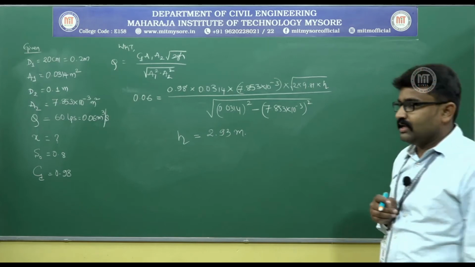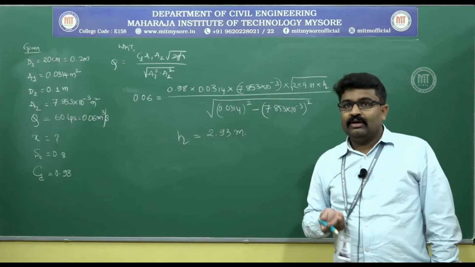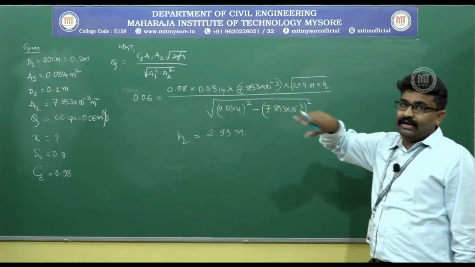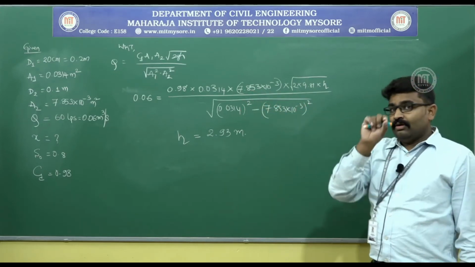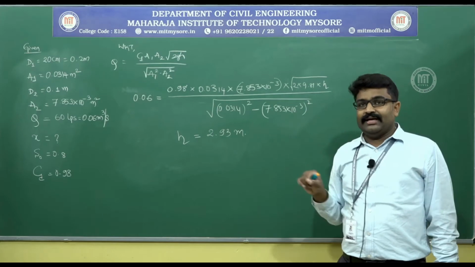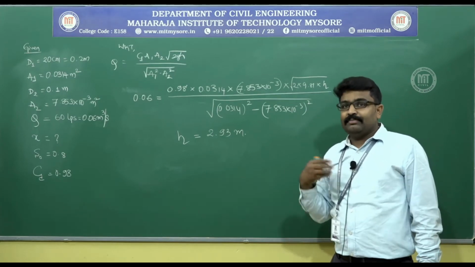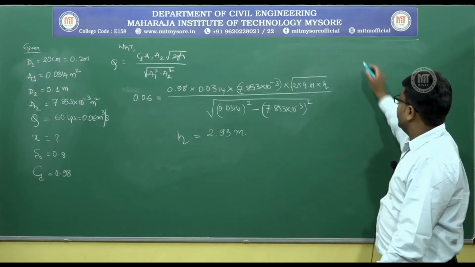Without finding out H, you cannot find out X. What is the relationship between H and X? It is a horizontal venturimeter in which you have oil of specific gravity 0.8 flowing and mercury is used as manometric liquid. That means heavier manometric liquid.